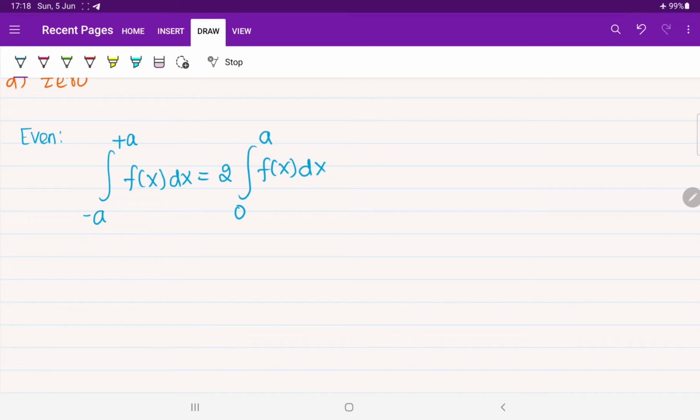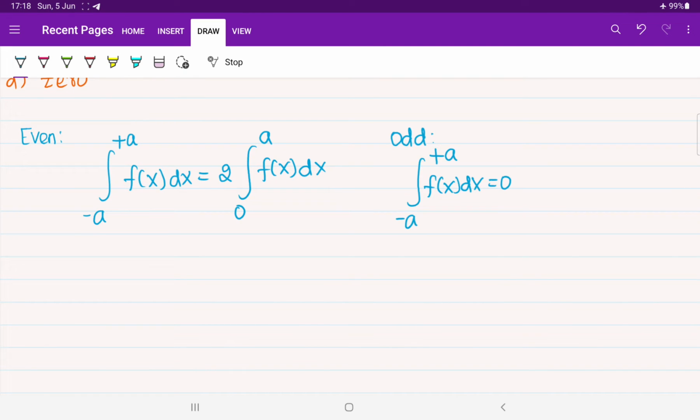That is absolutely true. If the function is an odd function in the same interval from minus a to plus a, then the value of the integral of f of x dx will be equal to 0. That is the actual relation between even and odd functions.